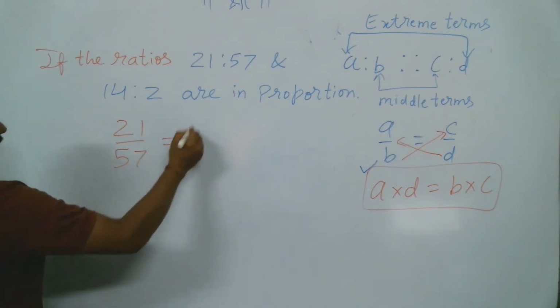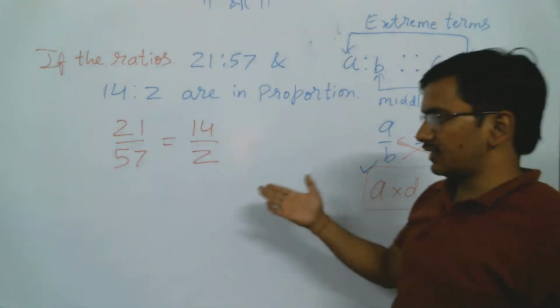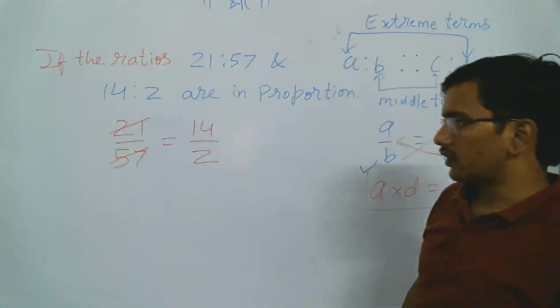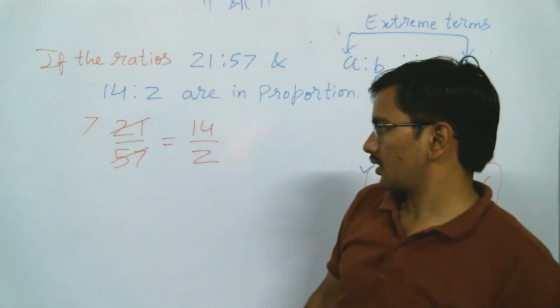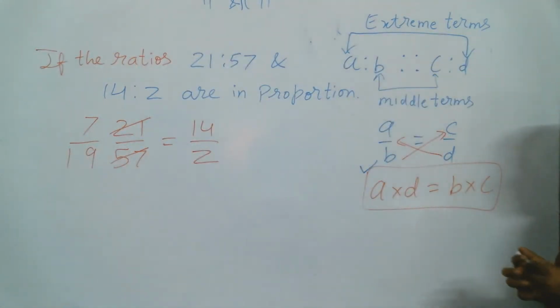21 to 57, 14:Z. You asked Z. So there are maybe 2 or 3 ways to find Z. The simplest one, I think, is to convert it to the lowest form. 21 and 57, both are divisible by 3. 3 sevens are 21. 7 to 19 is the ratio.